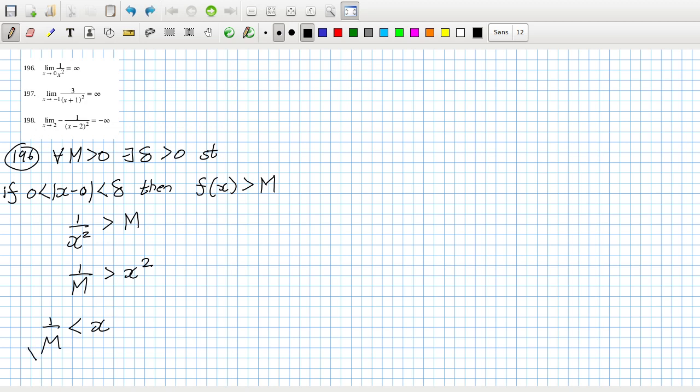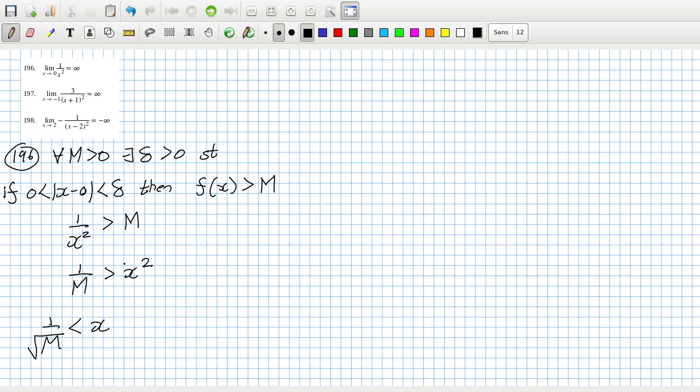So that means root 1 over root m is more than x. Because I got rid of the square root here, really perhaps I should have the absolute sign in here.